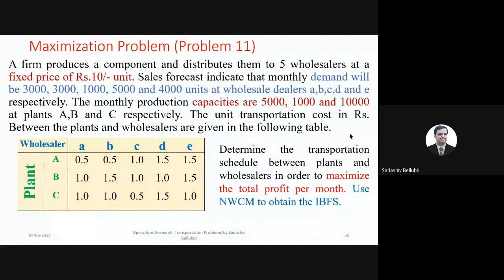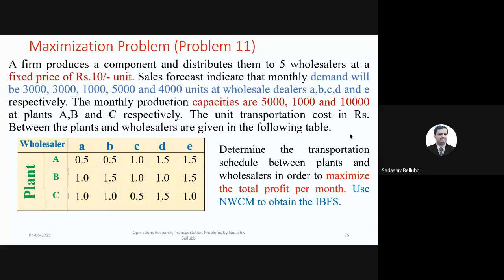They also say to use NWCM to obtain the IBFS. The statement is clear, so we should not go for optimization in this problem because they mention only IBFS, and that also by the NWCM method. So we should not go for the LCM or the VAM method for this problem.